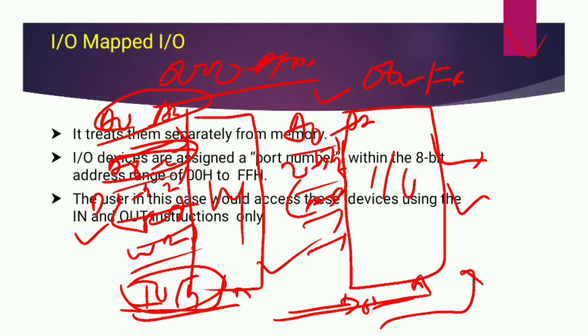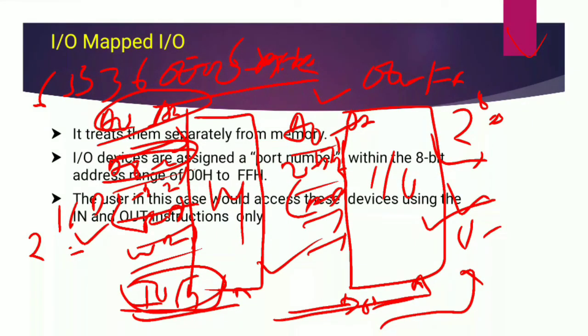Hence the microprocessor can address 65536 or 64 kilobyte memory locations, because the address lines are 16-bit, 2 raised to 16, and 256, that is 2 to the power 8, input devices and 256 output devices separately, because IO devices have an 8-bit address line.